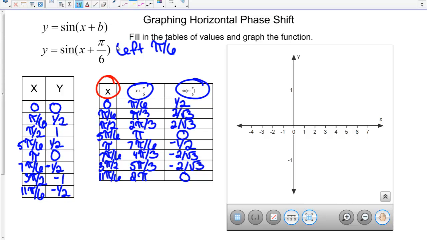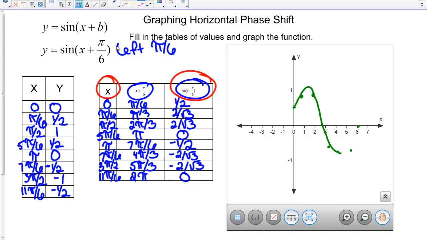Just remember we're graphing this. And so we have 0 and 1/2 at pi over 6, 2 over square root of 3 at pi over 3, and 2 over square root of 3 at pi over 2. At 5 pi over 6 we have 0, at pi negative 1/2, at 7 pi over 6 and 3 pi over 2 negative 2 over square root of 3, and at 11 pi over 6 we have 0.